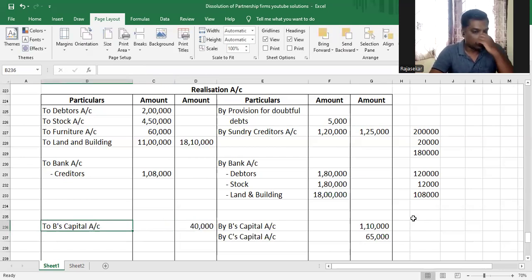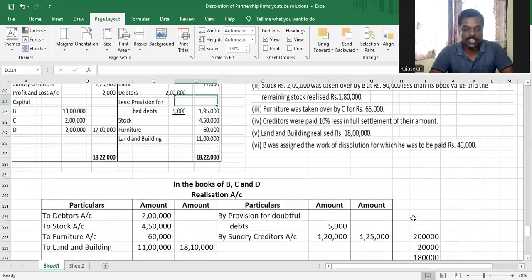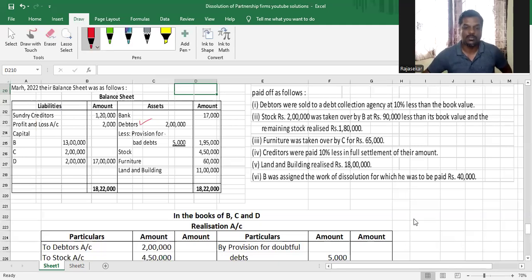40,000. Now the problem does not get over here. Just because you have run through all the adjustments, it doesn't get over there. You go through the balance sheet and check if you have realized all the assets or not. Have you realized debtors? Yes, you have realized debtors. What about provision for doubtful debts? Yes. You've transferred it. We don't have to pay provision for doubtful debts to anyone. It's an internal liability, and therefore that's also done.